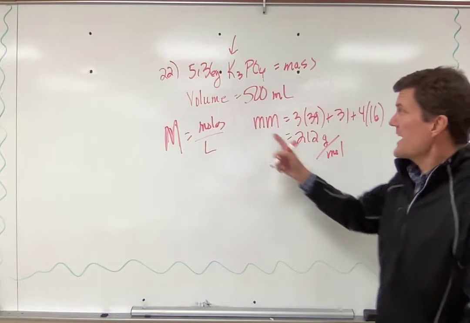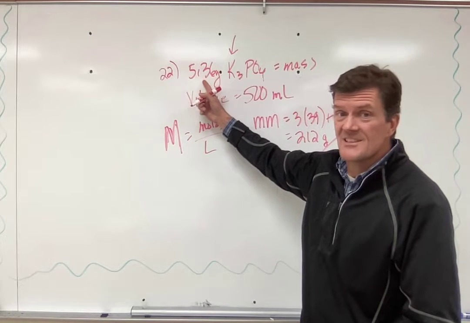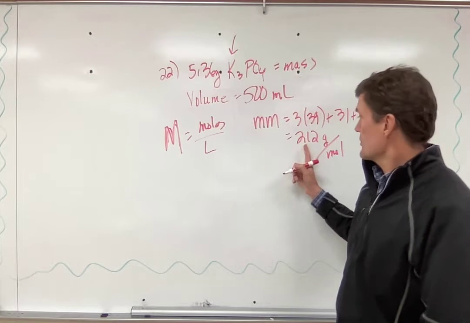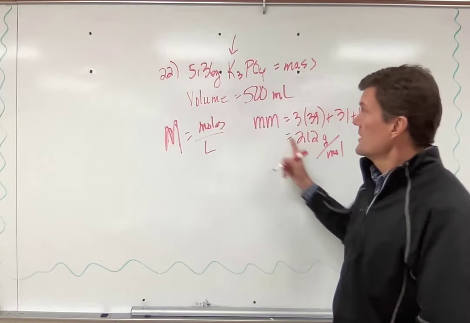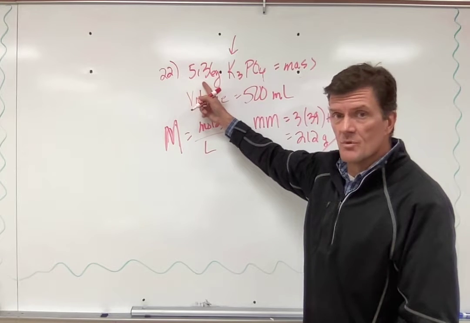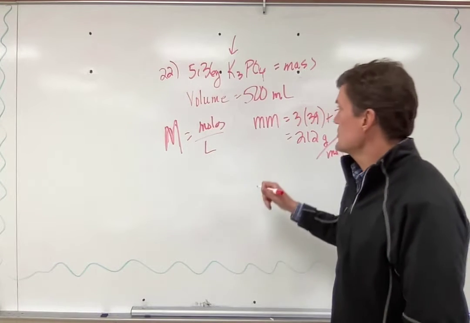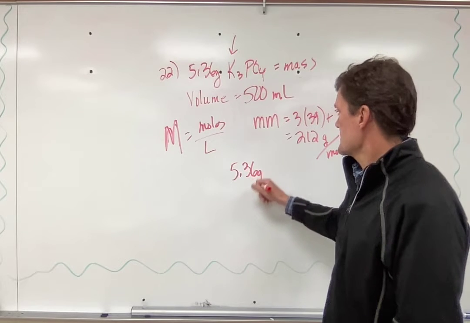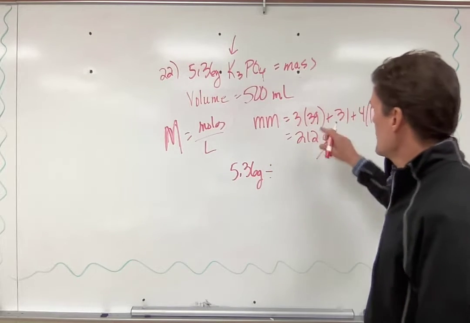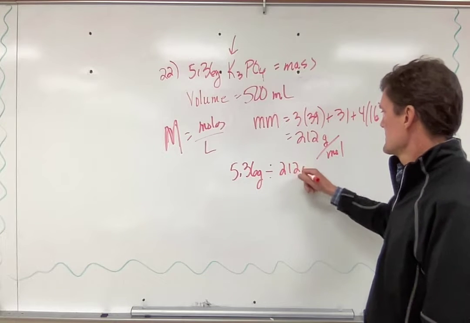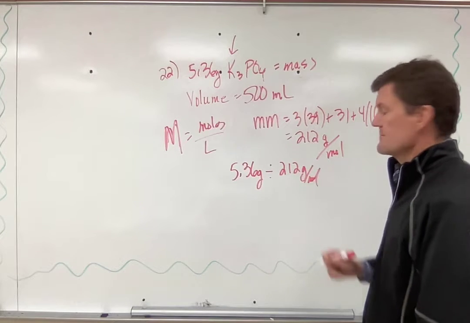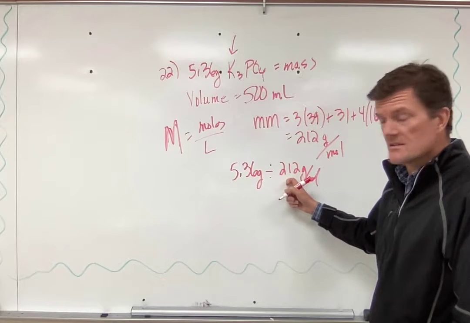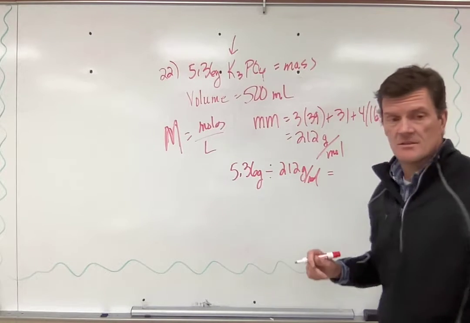212 grams. Well, you don't have 212. You only have 5.36. That's tiny compared to 212, right? So this is the mass of 1 mole. You have not even close to 1 mole. How many moles do you have? You have to take the 5.36 grams and divide by the molar mass, the 212. Okay? If you take the mass that you're given and divide by the molar mass, you'll get how many moles you have.